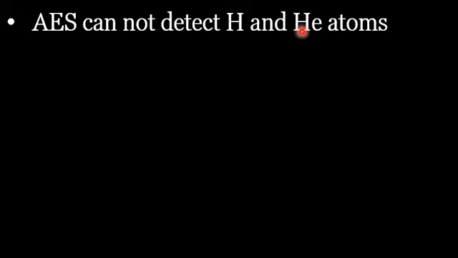So that's the basic reason that Auger electron spectroscopy is limited; it is not possible for hydrogen and helium atoms because they don't emit Auger electrons.